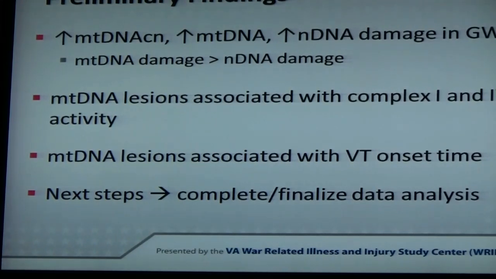We found that mitochondrial DNA damage is greater than the nuclear DNA damage that was present. We found that mitochondrial DNA lesions were associated with complex 1 and complex 4 activity. We also found that lesions were associated with an earlier onset of the ventilatory threshold.